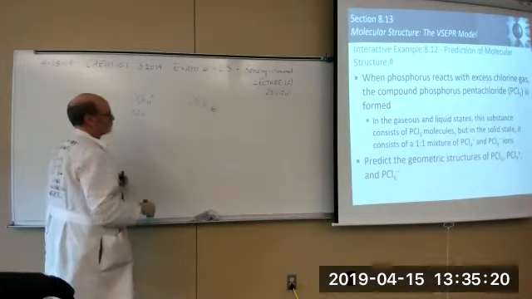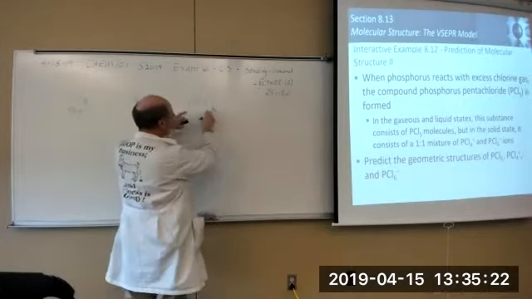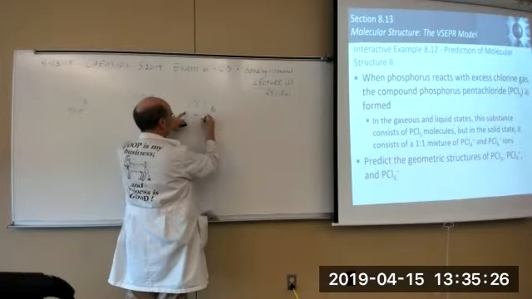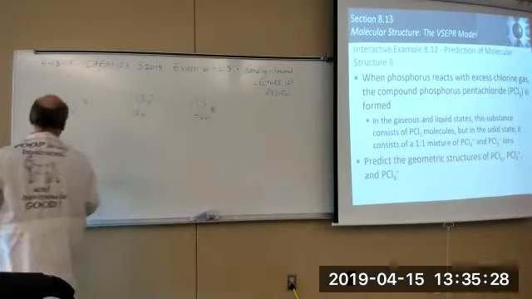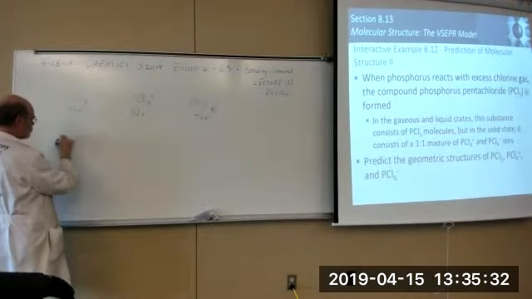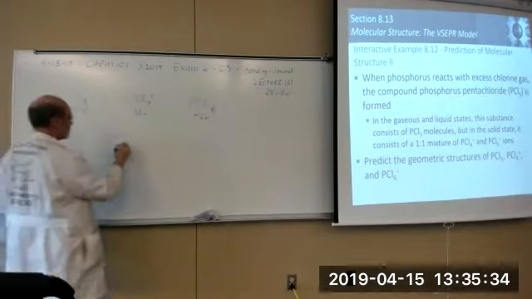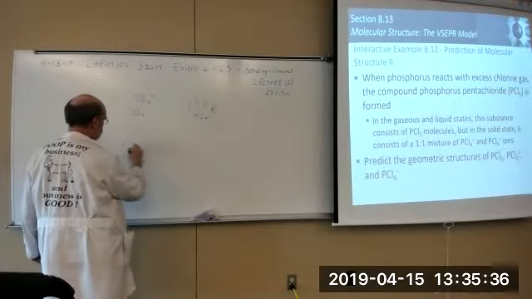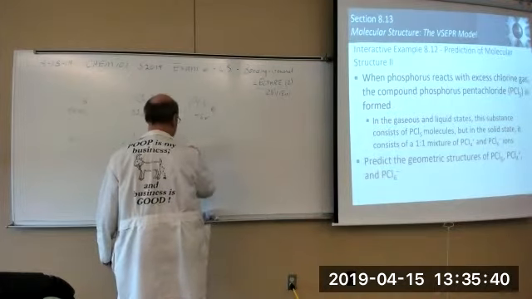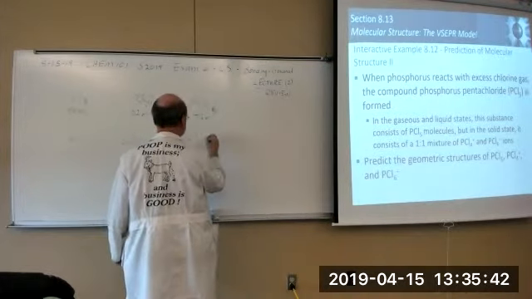We lost one. This one is 6 times 7 is 42, plus 5 is 47, plus 1 is 48. So that's the number of valence electrons we have to position. So there's 1, 2, 3, 4, 5. This one has 4. 1, 2, 3, 4. This one has 6. 1, 2, 3, 4, 5, 6. Chlorines.